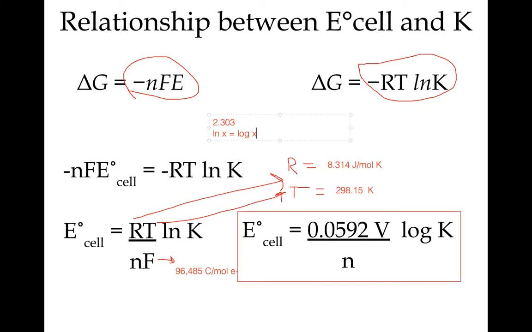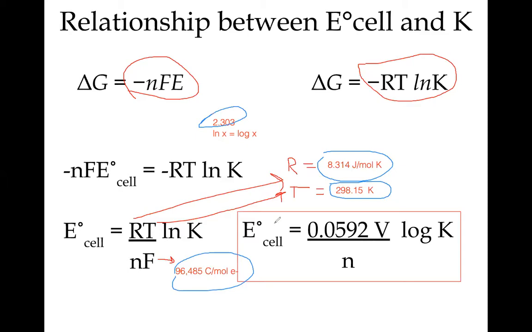So what does this end up being? This ends up being E cell equals, we're saying that this equation here is 8.314 times 298.15 divided by 96,485 coulombs per mole times 2.303.